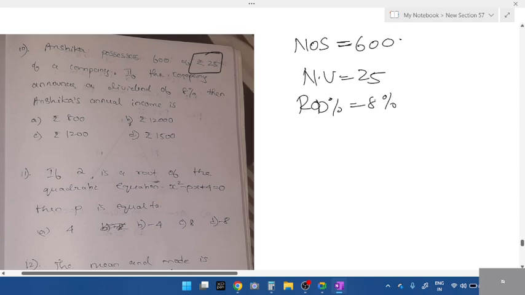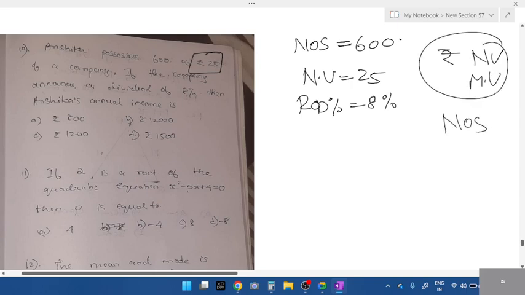Okay. And remember, students, when the rupees symbol is given, it is either nominal value or market value. When the rupees symbol is not given, it is definitely number of shares. Whenever the percentage symbol is given, it is definitely rate of dividend or rate of return.